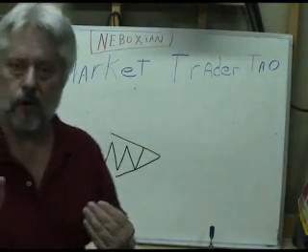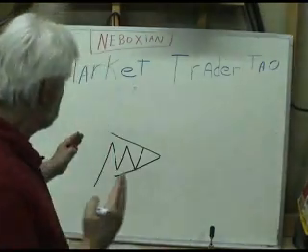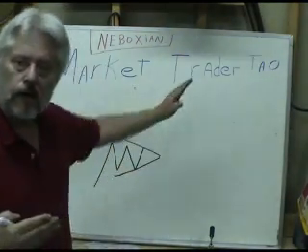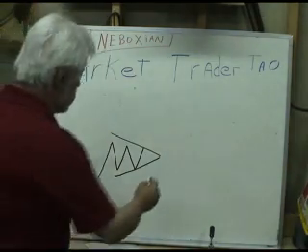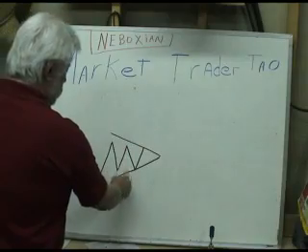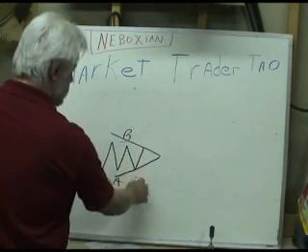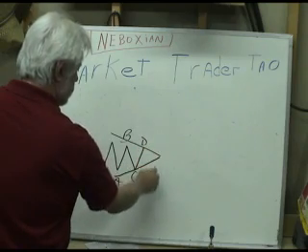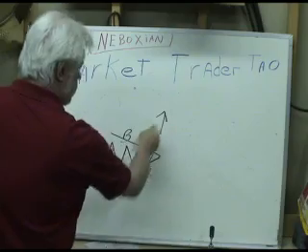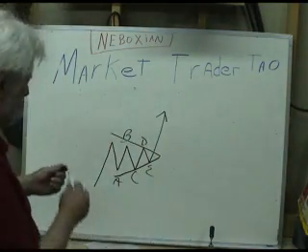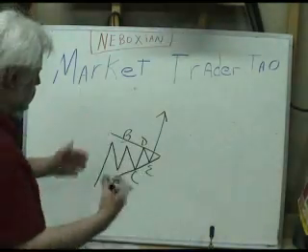All triangles are continuation triangles. All triangles are continuation patterns. They're going to continue, as a rule, in the direction of the trend that you're in. And so once you reach A, B, C, D, and E, then you're going to have your breakout to the upside.